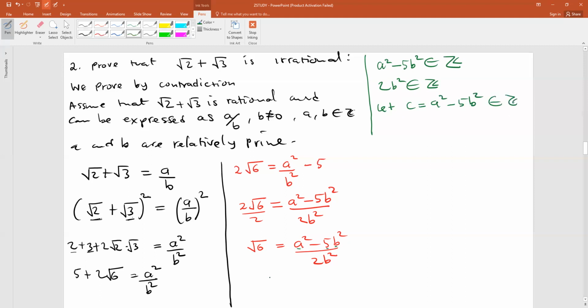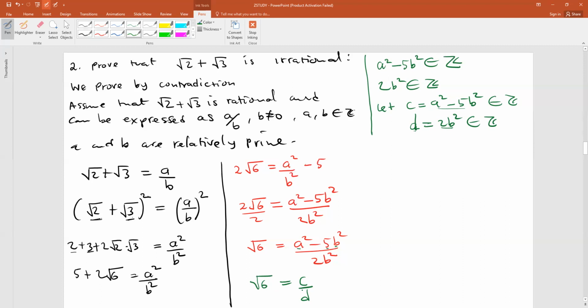So this square root of 6 will be written as c over d, where d equals 2b squared, and that is also an integer. So you have expressed this as c over d.